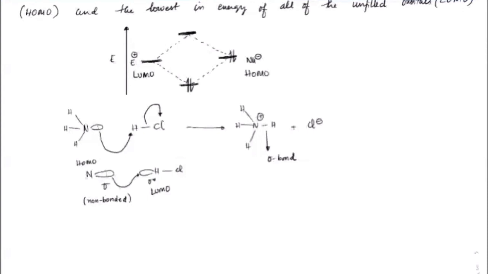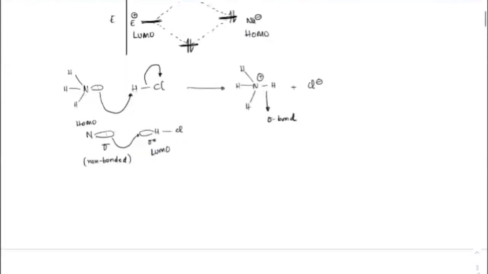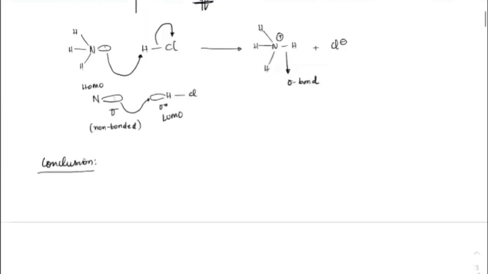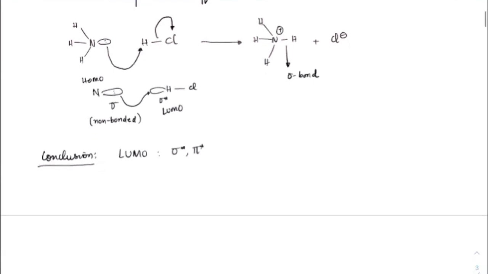Okay, one thing you need to understand from here, what conclusion you have to draw from here: most of the time from now onwards in reactions you would see that the LUMO is going to be a sigma star or a pi star. So most of the time LUMO orbitals would be either a sigma star or a pi star.